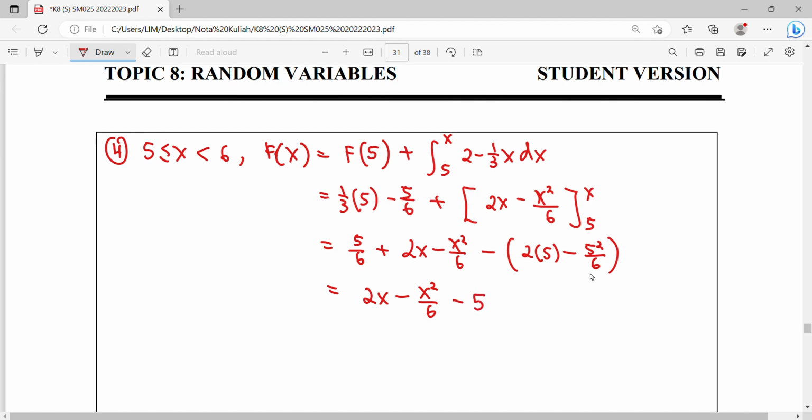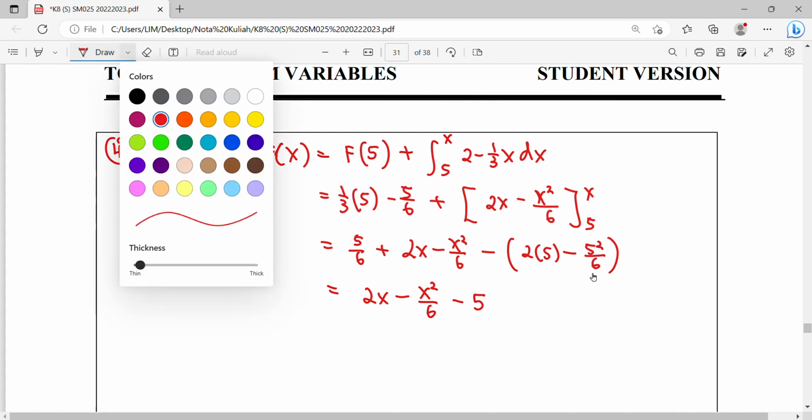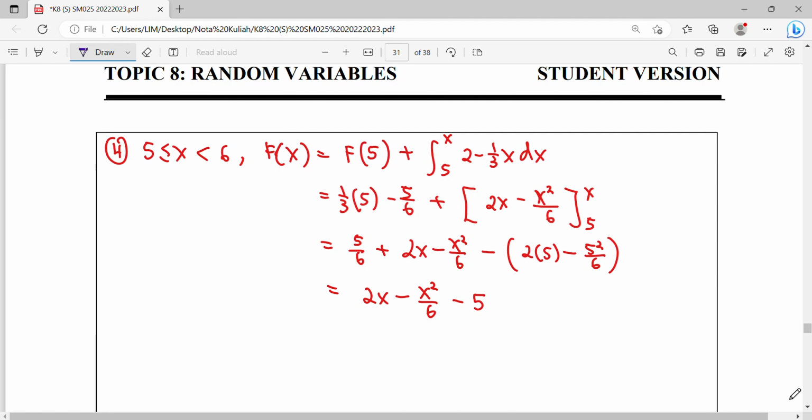Is it correct? Alright, the constant is correct. If one is wrong, when you keep accumulating, by the end you will not get one. Then you know something is already wrong in the middle. So your last step will be the final step. You will get one, then everything is safe. If you're not getting one, means there is a mistake in the middle.